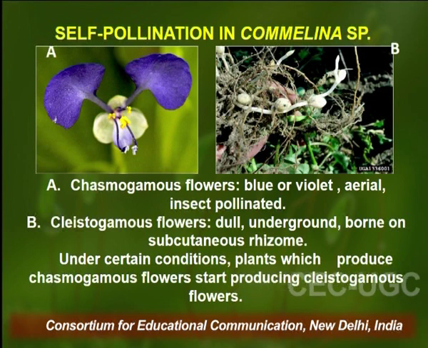Under certain conditions, the plants which produce these bright blue open flowers start producing cleistogamous flowers, basically when conditions are not favorable for floral visitors. So, for the perpetuation of the species, Commelina has adopted this mechanism of producing two types of flowers in the same season.